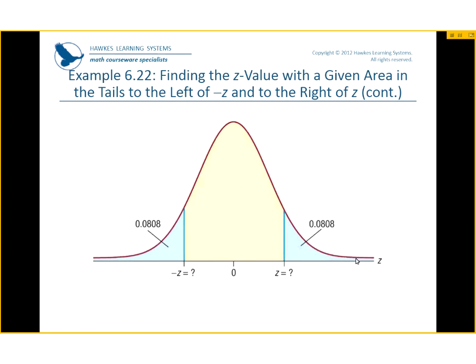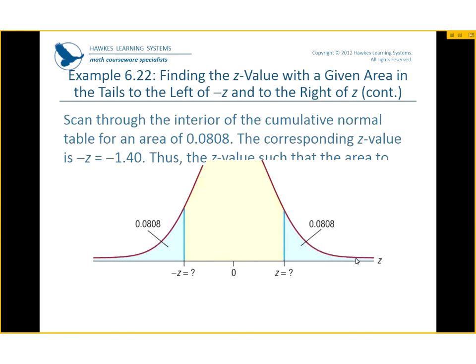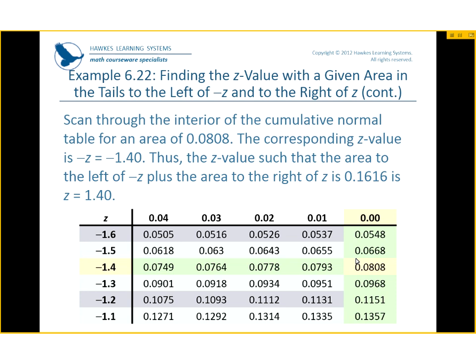So we don't know anything about that middle yet, right? All we know is the area of the tails. Well, we can go look that up in the book. If we look it up in the table, we get negative 1.40 for the tail to the left of the mean, and we get 1.40 for the area to the right of the mean. This table in the book, table A and table B, one z-score, like if you see negative 1.40, will give you your amount. But if you looked at a positive 1.40, it's going to be a different amount.